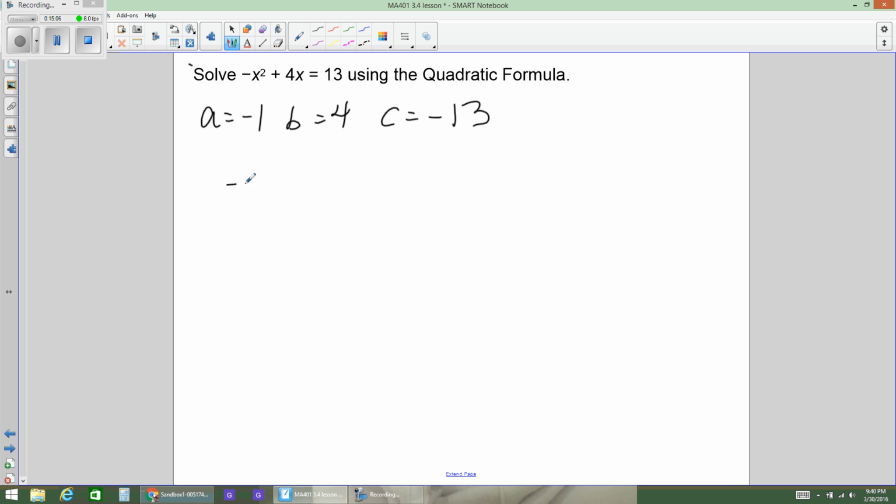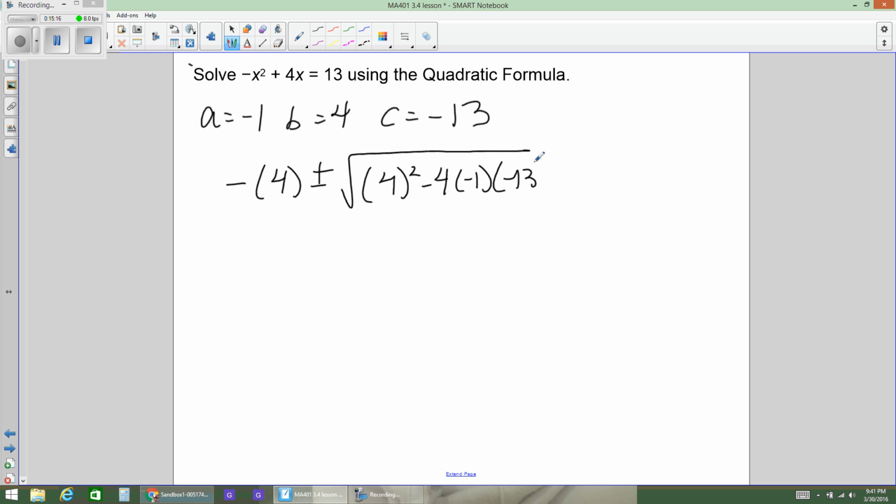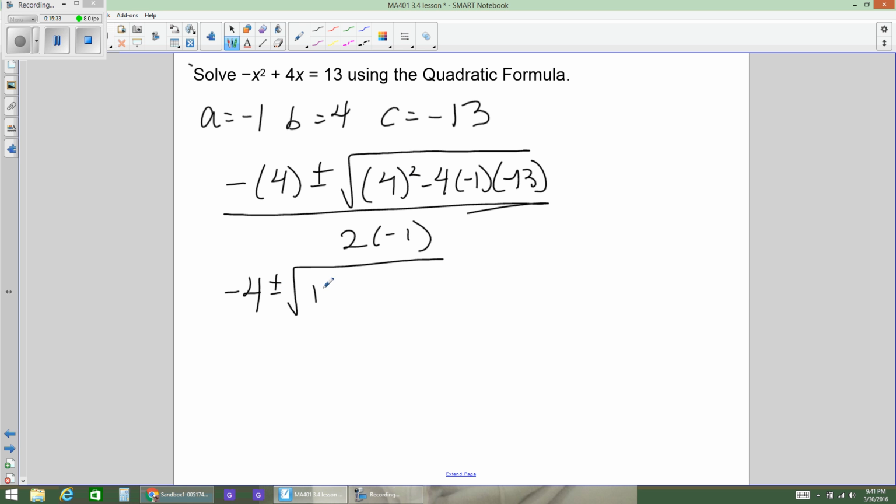So x equals the opposite of b plus or minus the square root of b squared minus 4ac all over 2a. Do I sing it to myself every time? Yes, I do. And you will too. Okay, here we go. Negative 4 plus or minus square root. 4 squared is 16.